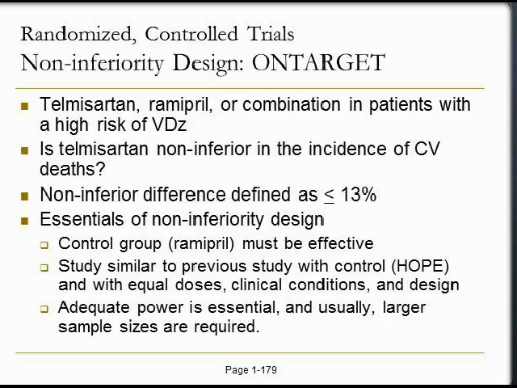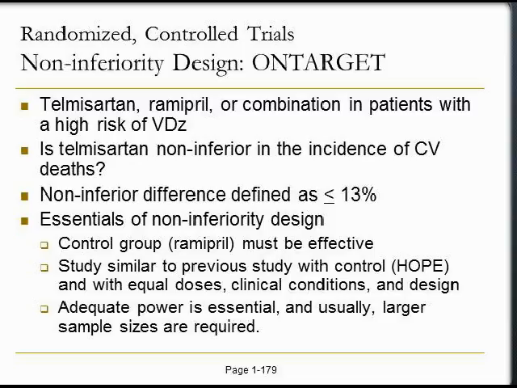Now, what sometimes happens is so-called non-inferiority design drift. As you go down the line from ramipril to telmisartan, and now the next study with some new drug and the next study with some new drug, there's some drift that happens in the interpretation and the statistics of these studies that makes it more complicated to evaluate these non-inferiority designs.